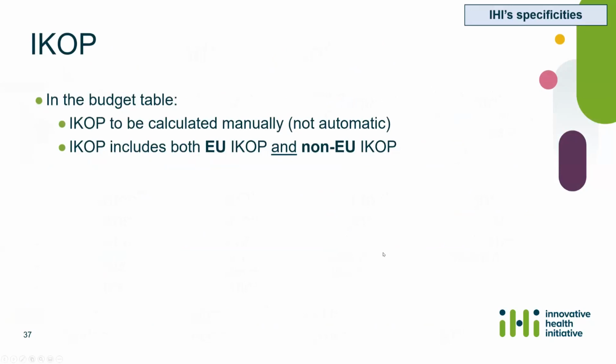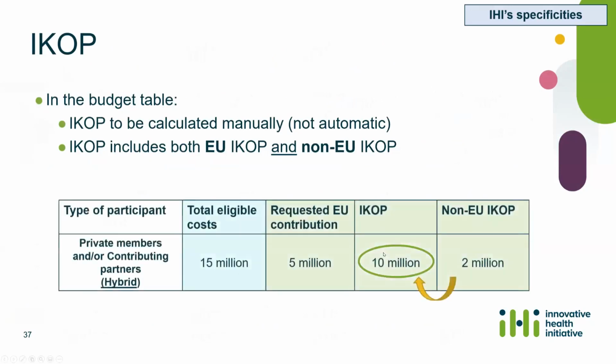And also in the budget table, the column ICOP includes both EU and non-EU ICOP. I will explain what non-EU and EU ICOP mean. But to give you an example of what you could have in the budget, imagine you have a private member that is a hybrid participant, so requesting some funding.